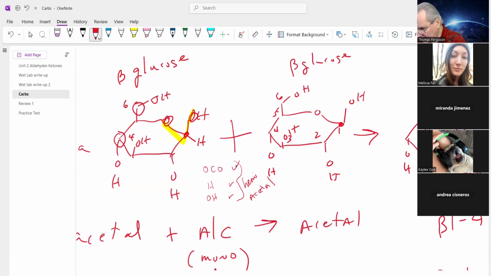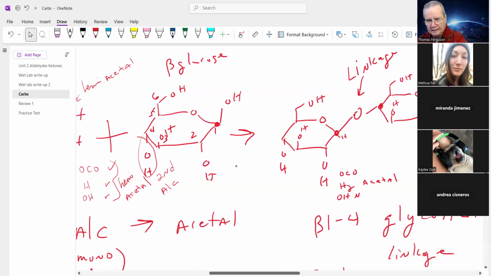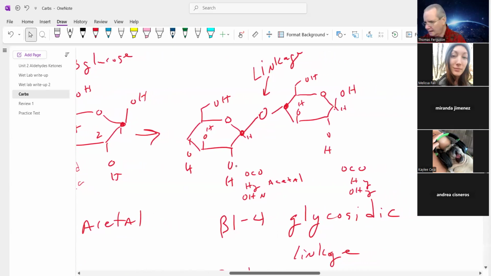When we have a hemiacetal and an alcohol, they'll form a full acetal. Well, in carbohydrates, the alcohol comes from carbon number 4 on another glucose. So this is the alcohol here, the second alcohol added to the hemiacetal here. And then what they form is OCO, and there are 2 here, OCOs.